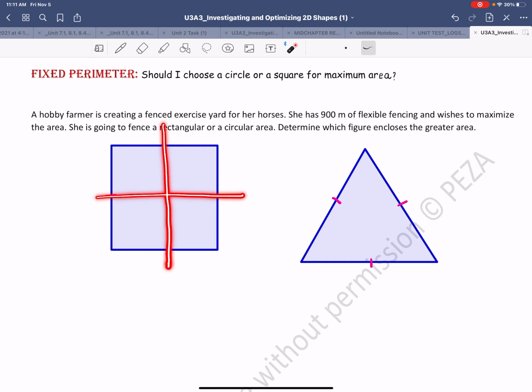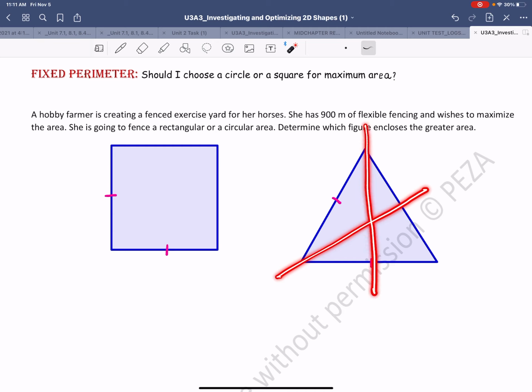So a square is the most symmetrical rectangle because it has the maximum number of lines of symmetry a rectangle can have. On the other hand, an equilateral triangle is the most symmetrical triangle because it has the maximum number of lines of symmetry, which is 3.